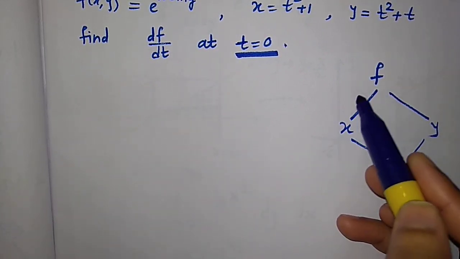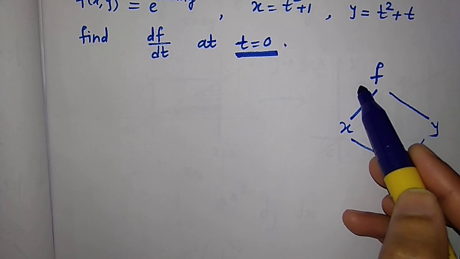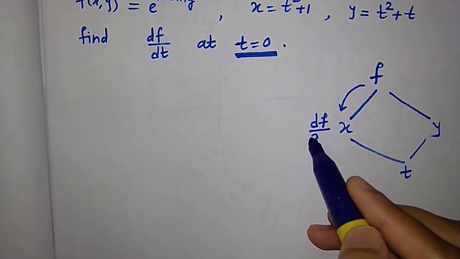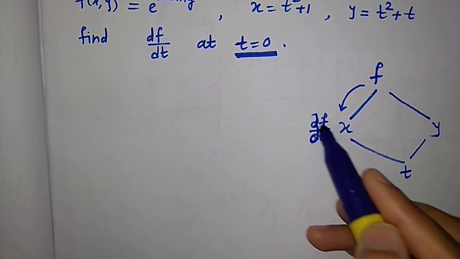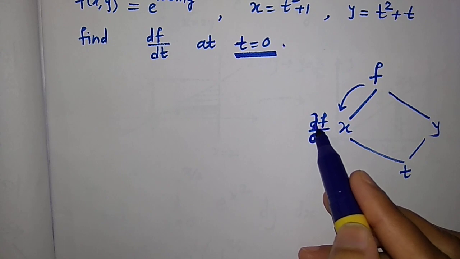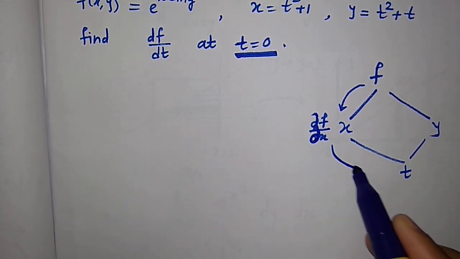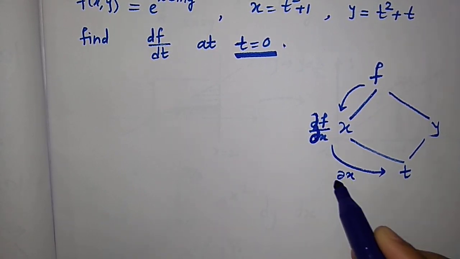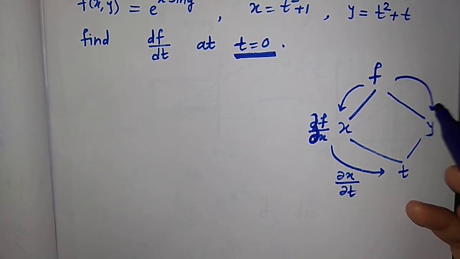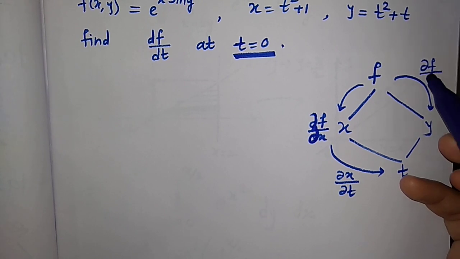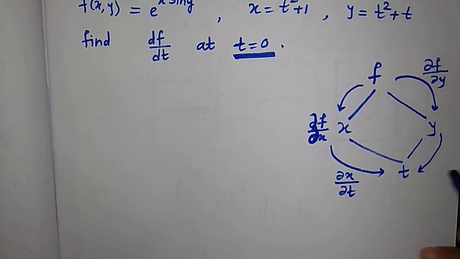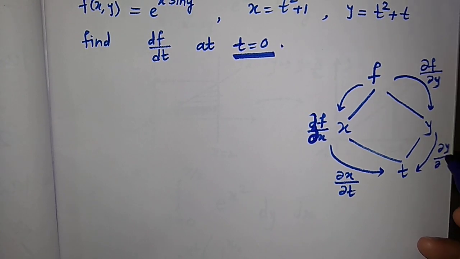So there are two ways to reach t. The first is to calculate del f by del x, because f is a function of two variables, so it involves a partial derivative, and then the derivative of x with respect to t. The second way is you first find the derivative of f with respect to y, and then the derivative of y with respect to t.